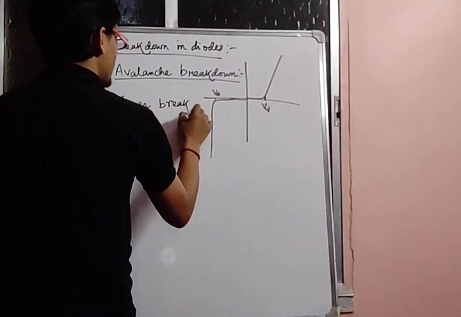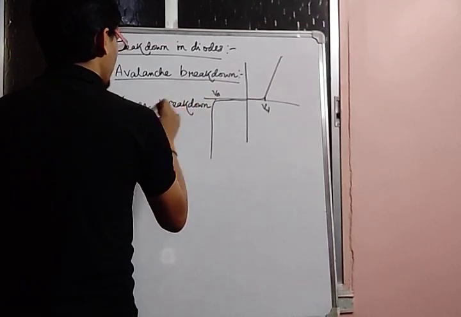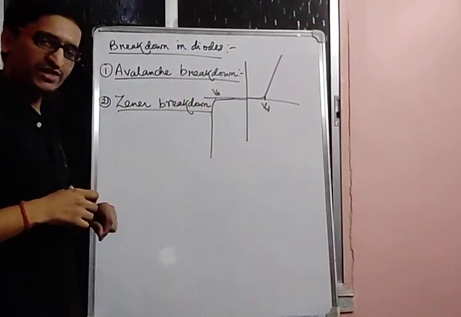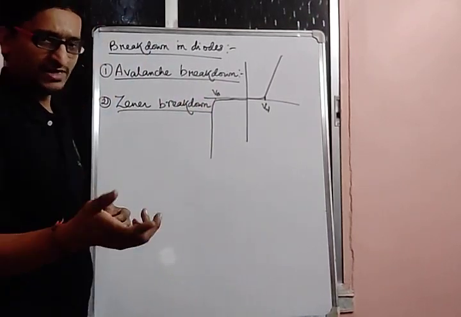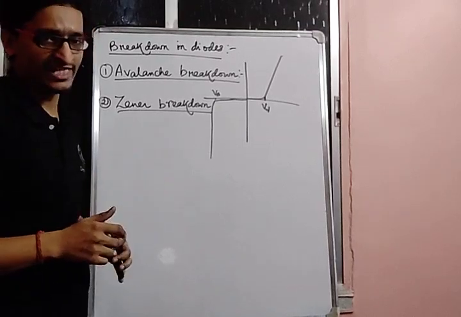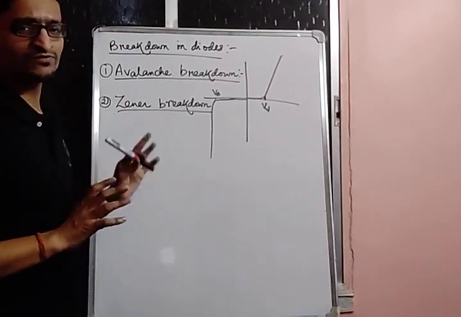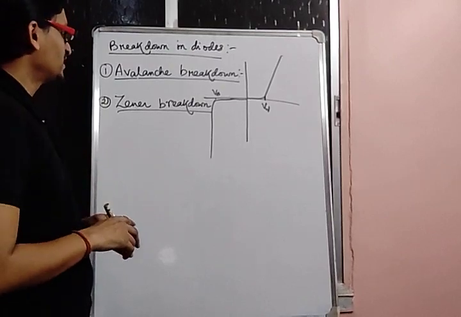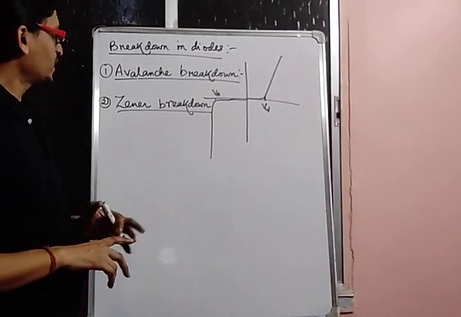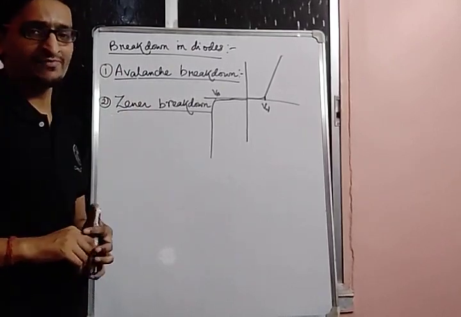Usually, whenever we mean a breakdown of a diode, we generally mean Zener breakdown, although there are two types of breakdown existing in a diode. So what is avalanche breakdown and what is Zener breakdown?